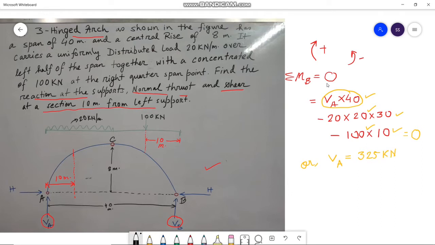From this we can get VB, which is equal to 175 kilonewton, as VA plus VB equals to 20 into 20 plus 100, and from this we get the value of VB as we have already calculated VA.